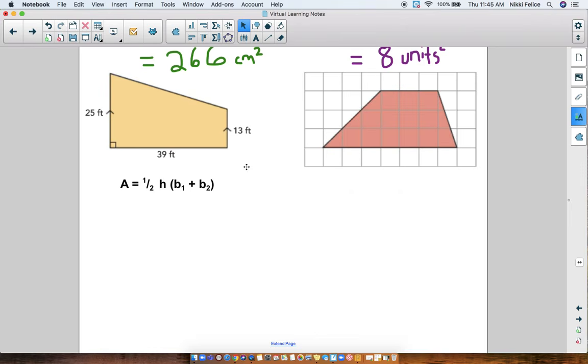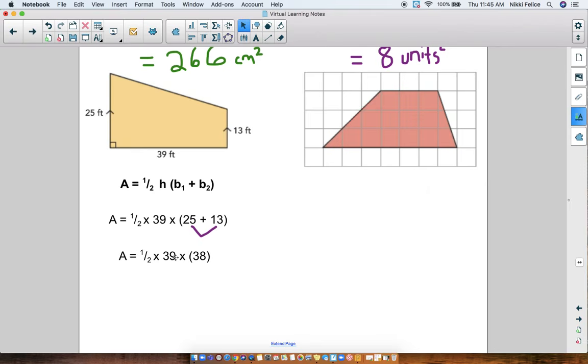So we're going to use our formula, area equals 1/2 times height times base 1 plus base 2. So I'm going to fill that in. 39 is my height, and then 13 and 25 are my bases. So my next line should look like this. 1/2 times 39 times 25 plus 13. But now if we do 25 plus 13, we're going to get 38.